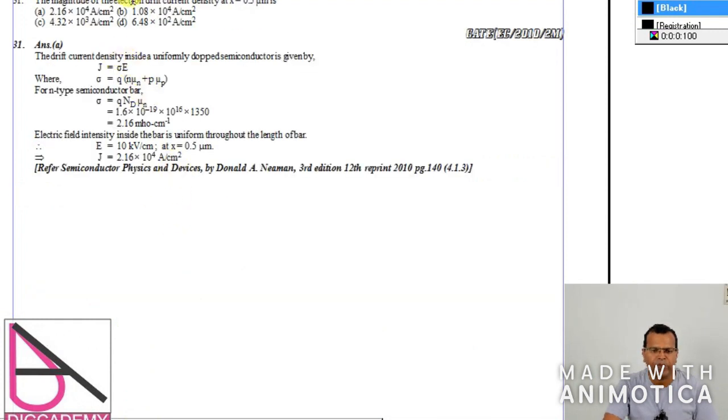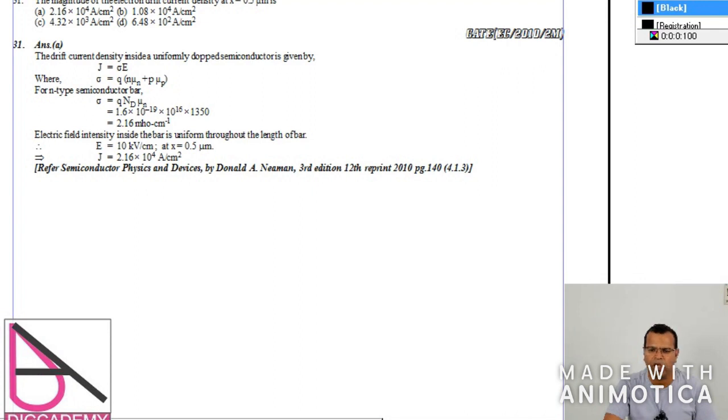Then the magnitude of electron drift current: you know electron drift current is J equal to sigma into E. Sigma is conductivity. Since it is an N-type semiconductor bar, N is almost equal to ND. So you get the conductivity of the material, and the electric field you already calculated in the previous question. So you get the current density J equal to sigma into E. That is how you solve the question.